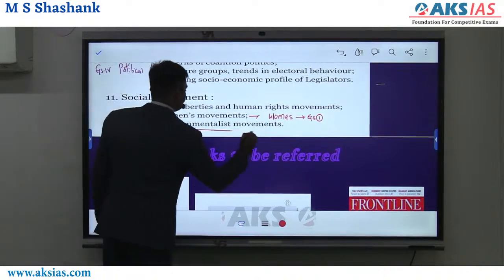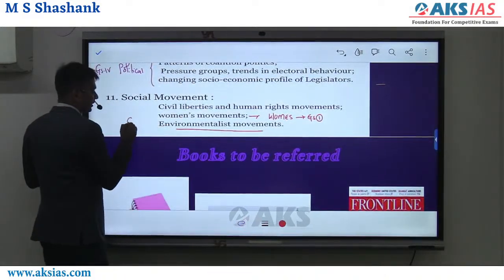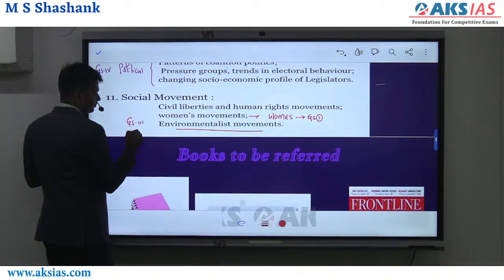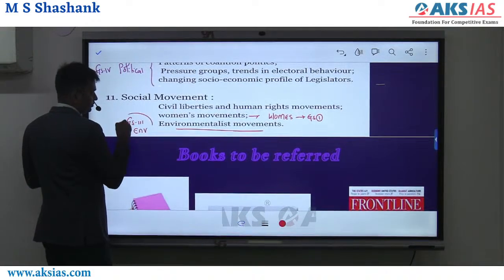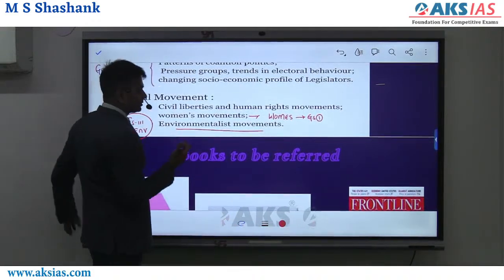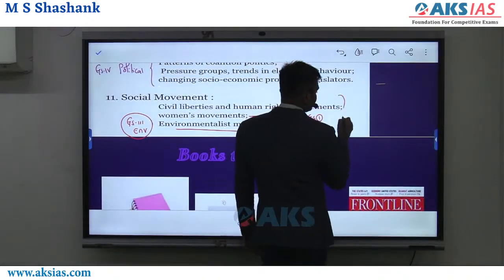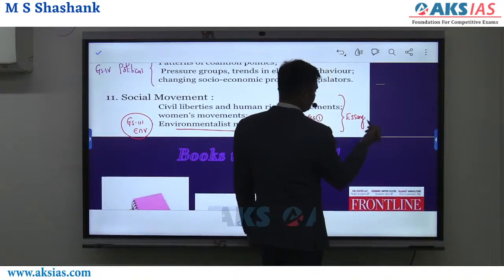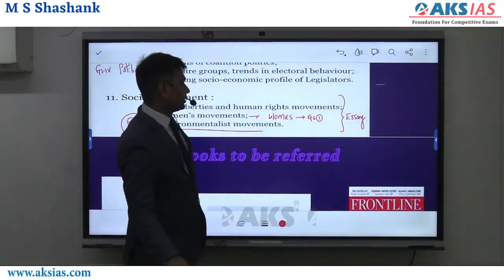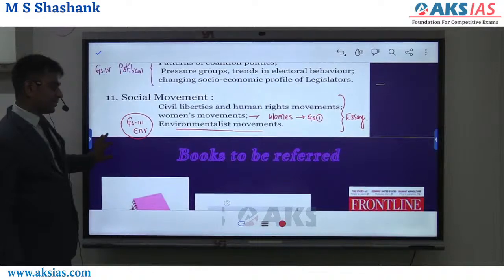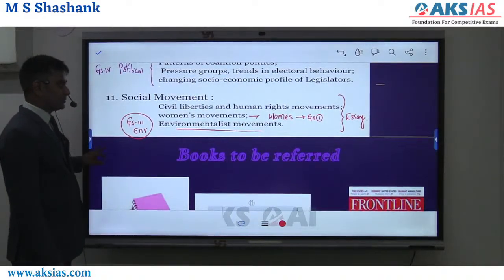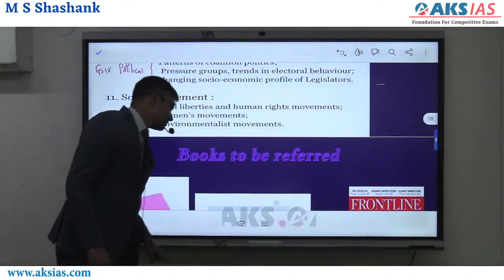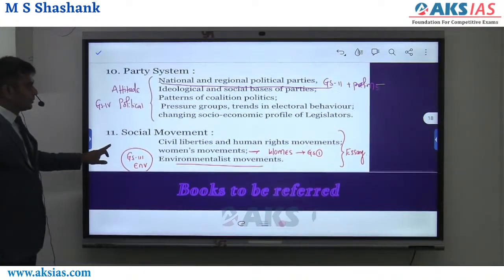Environment movement, GS paper 3 environment. And these three things, again you can use the substantiations for essay. So this is the overlapping component that you have as far as this is considered.